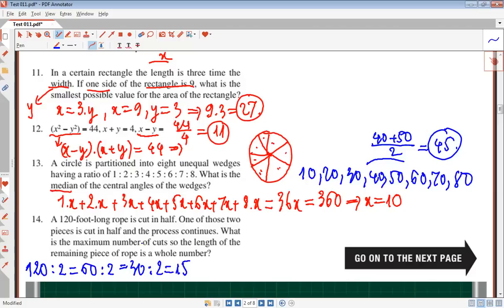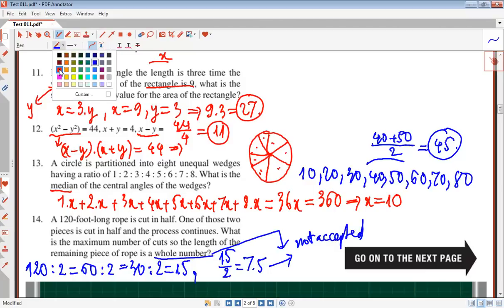What is the maximum number of cuts so the length of the remaining piece of rod is a whole number? An integral. Here we have 15 divided by 2, it is 7.5. Due to this reason, we cannot accept it.